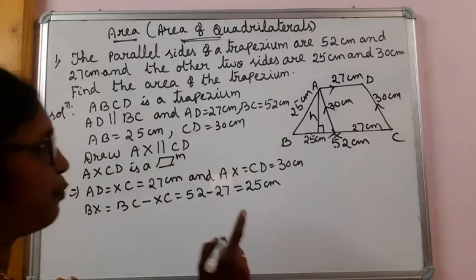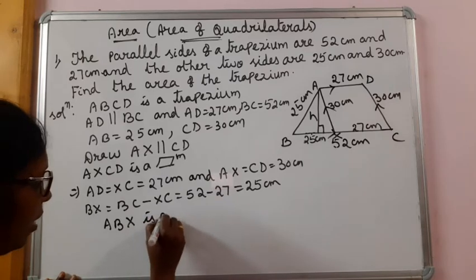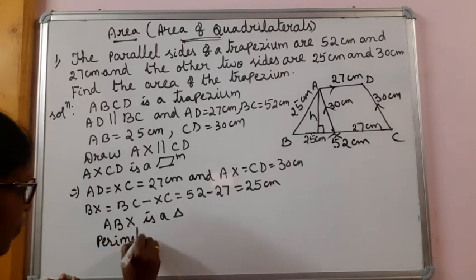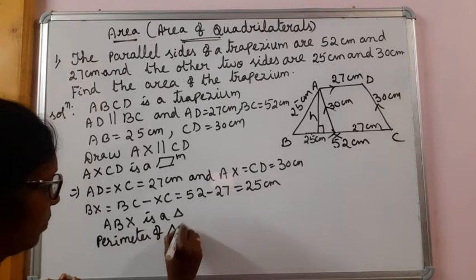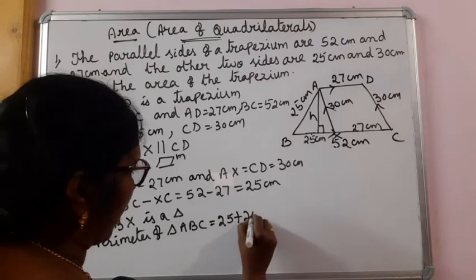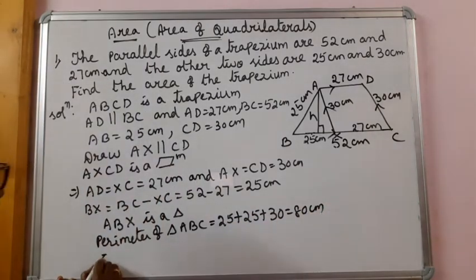ABX is a triangle in which the perimeter is 25 plus 25 plus 30, that is 80 cm.